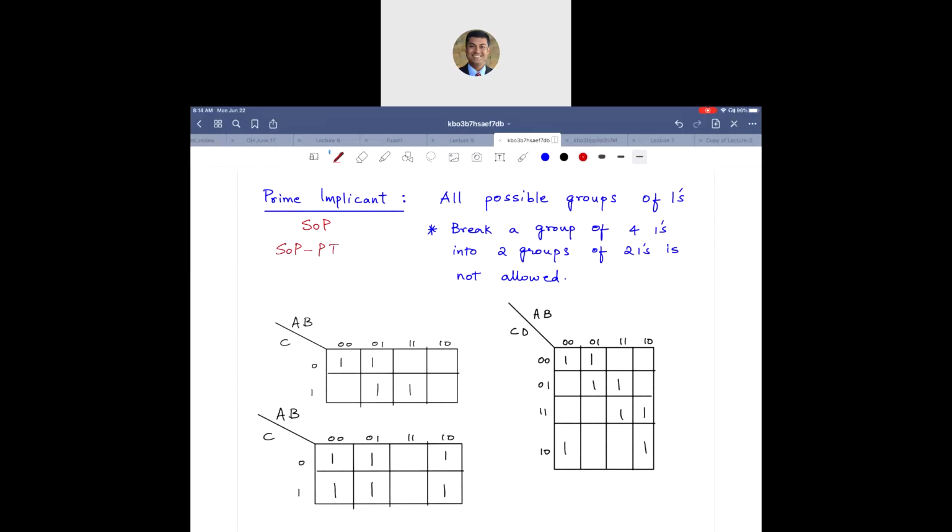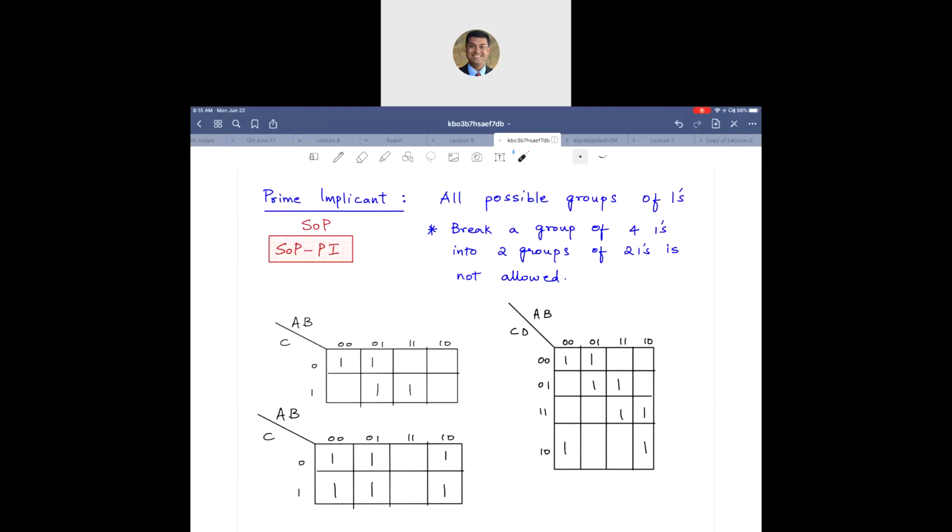Prime implicants. But we have to be careful over here about breaking a group of 4 ones into 2 groups of 2 ones is not allowed. So what this means is I cannot be taking a group of 8 ones or 16 ones and break them into smaller groups and then call them prime implicants, because they're also possible groups.